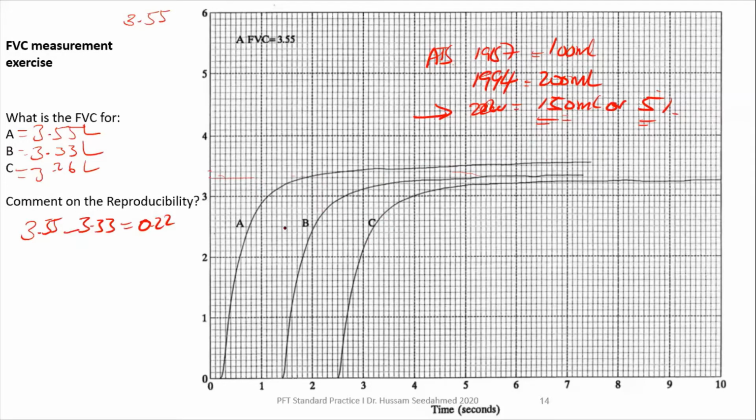إذا أنا بقدر أقول إنه والله A, B, C they are acceptable لأنه they are free of error. عندي good start وعندي plateau has reached ما في أي error.